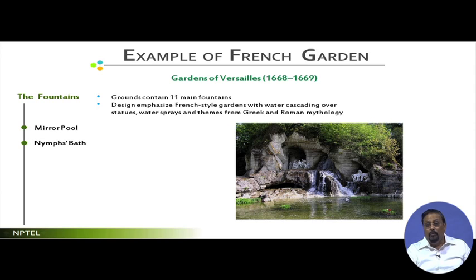Then nymph baths. Basically, it is a bath here with flowing water, water cascading over statues. If you remember, I just now said, basically the statues of nymphs and all. So, these are all for some kind of decorations or reflections of some historical or religious or such kind of myths and such other.